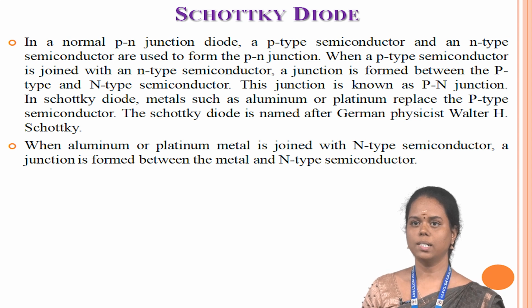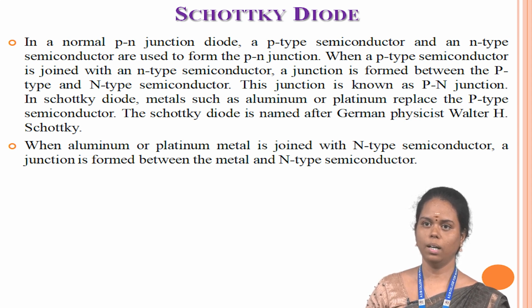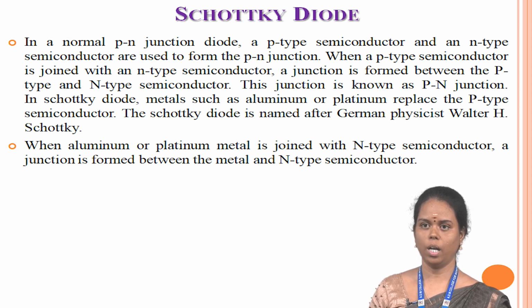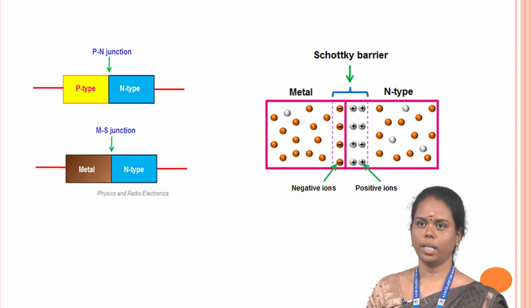This junction is known as the metal-semiconductor junction, or MS junction. The metal-semiconductor junction formed between the metal and the N-type semiconductor creates a barrier or depletion layer known as the Schottky barrier. This one is the picture of the Schottky barrier.